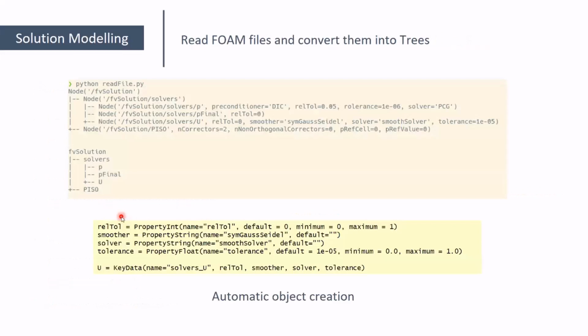So here we have one such implementation wherein we read a FE solution file, and it gives us all the keys that are associated with the FE solution file. And because we are able to generate this in the background, we are also able to generate the Python code for this.